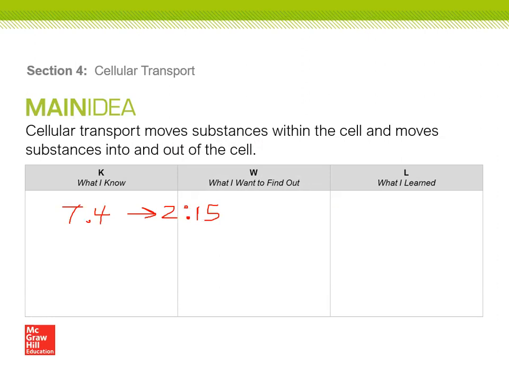Okay, so 6 pages. It starts on page 201 is where it is.